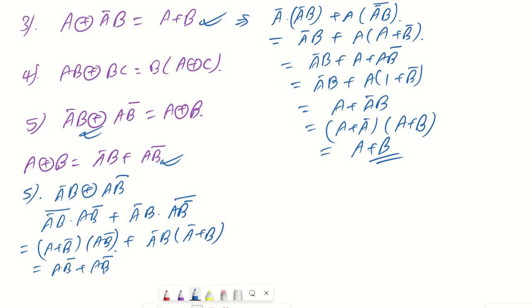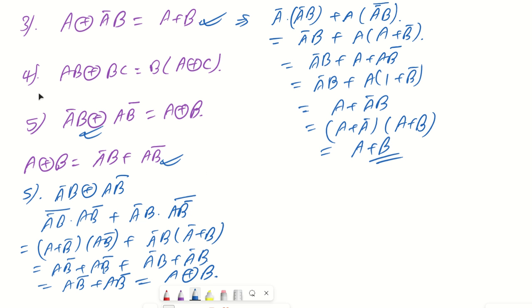Another one we get is A bar B plus A bar B. So redundant terms are there, you can get rid of them and simply write A B bar plus A bar B, one time. And this is nothing but A XOR B. So A XOR A bar B XOR A B bar is equal to A XOR B.